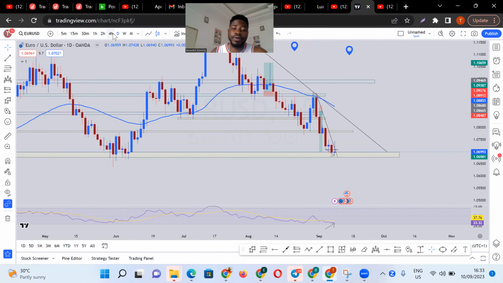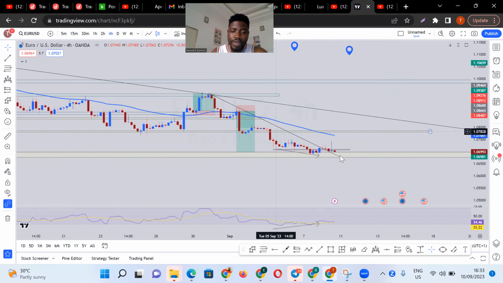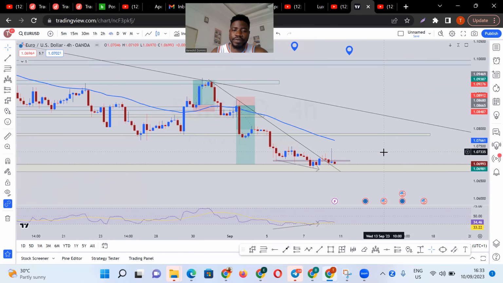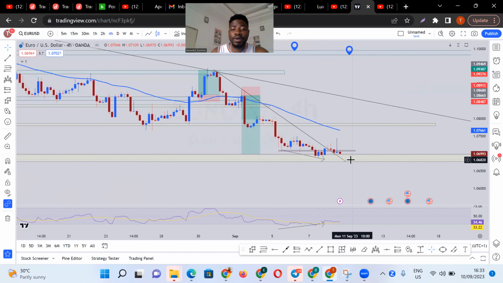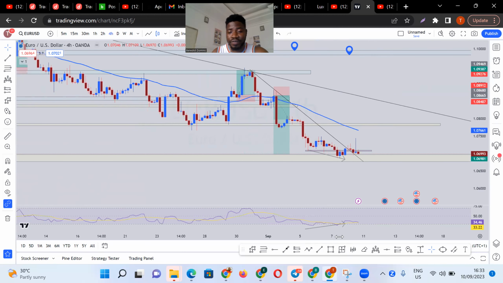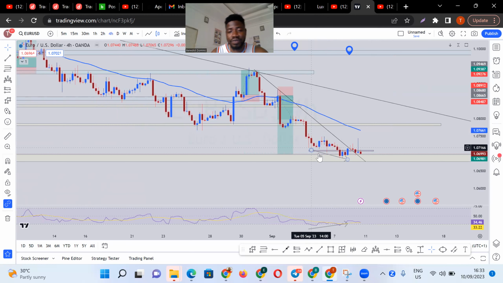Okay, on 4-hour time frame, you can see that on this zone, right? We have a lot of reactions. Market is just dancing around. This is our last lower high on 4-hour time frame.